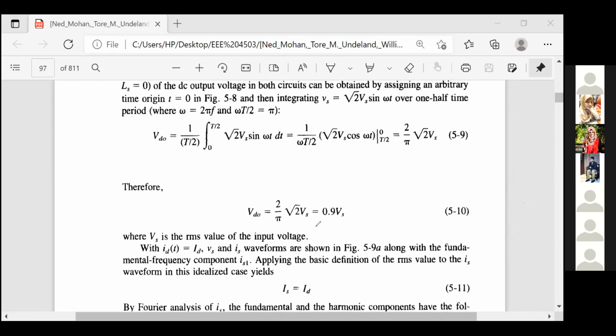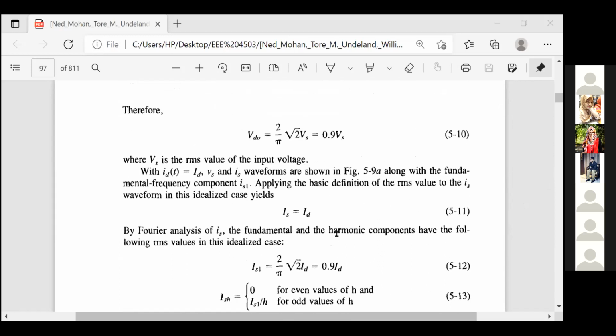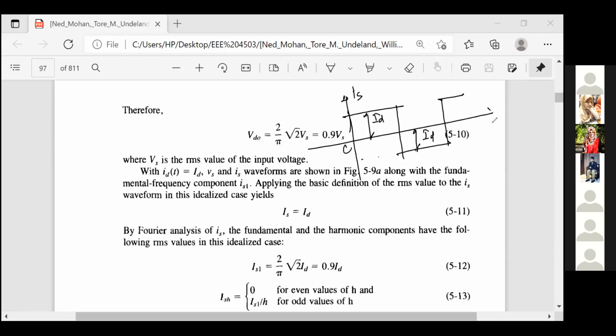Now, what I have already told you, they have written here. Now, this is very important. Again, I am plotting the IS. So this is your ID, and this is minus ID. This is your 0, and this is the omega t.